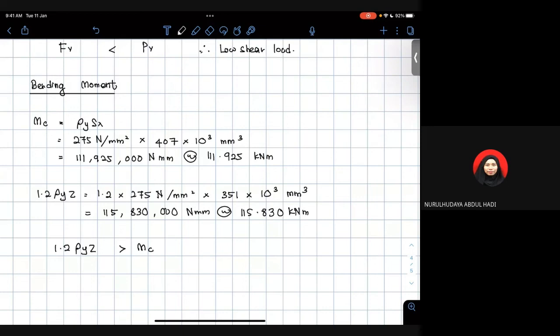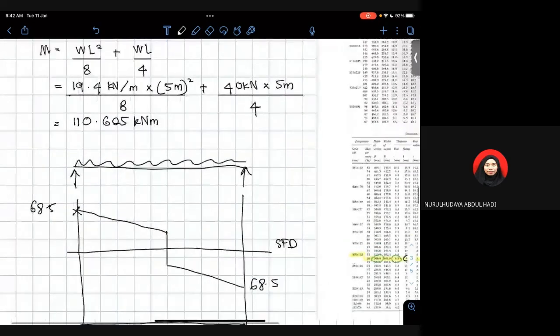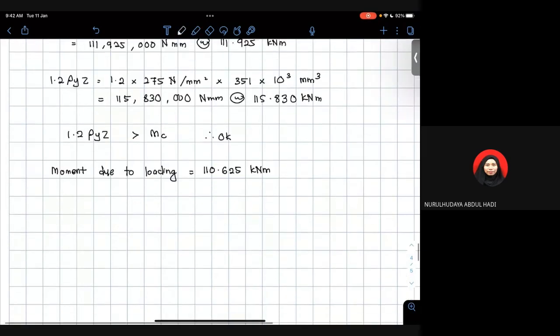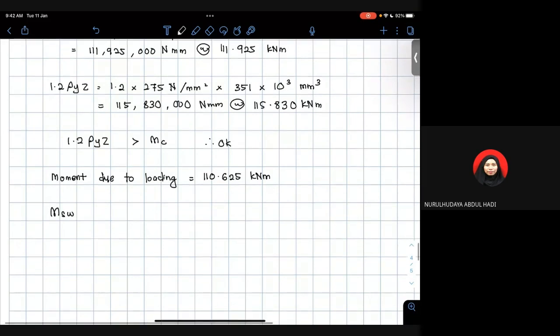Sama je. Therefore, okay, kira moment due to the self-weight of the beam. 110.625 ni, kita nak kira moment due to self-weight.